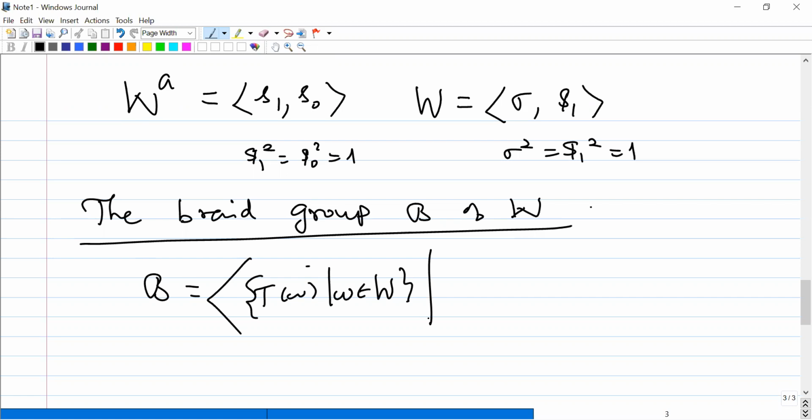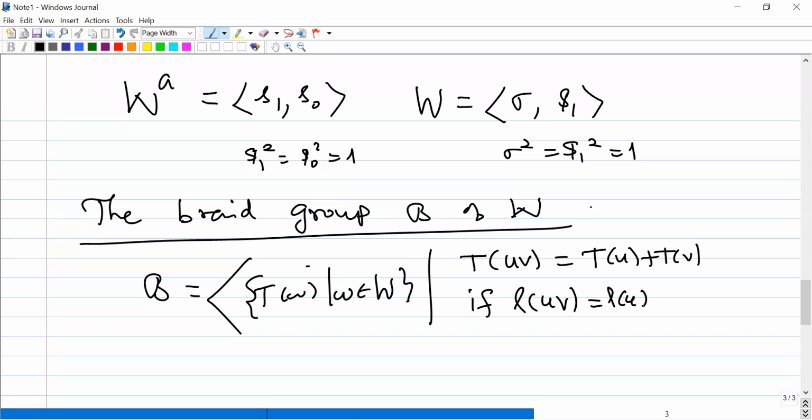What are the relations? The relations are given by T of uv equals T of u times T of v if the length of uv is equal to the length of u plus the length of v. Okay, so this is how we define the braid group.